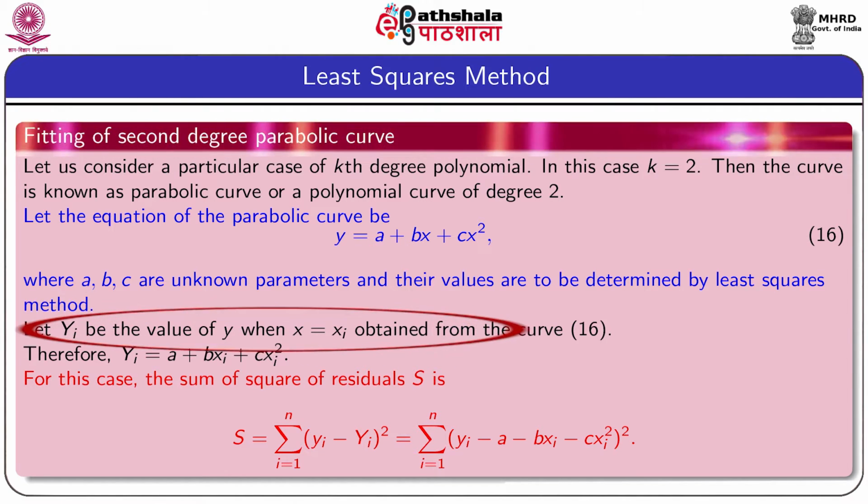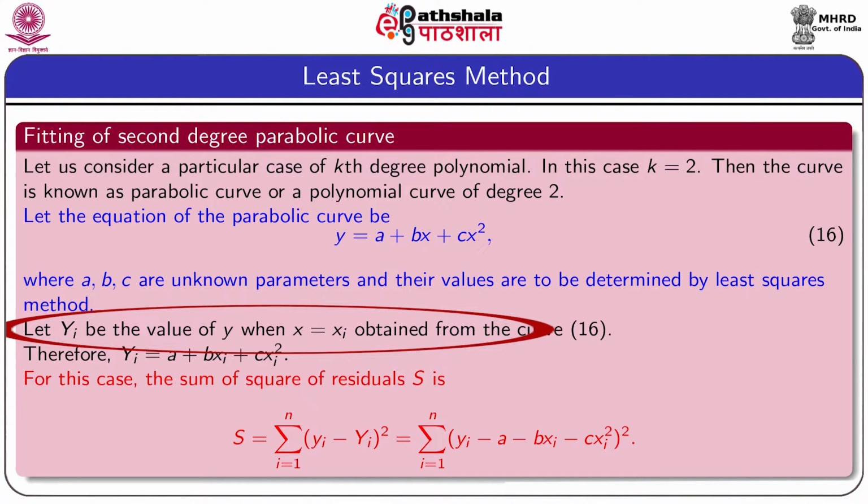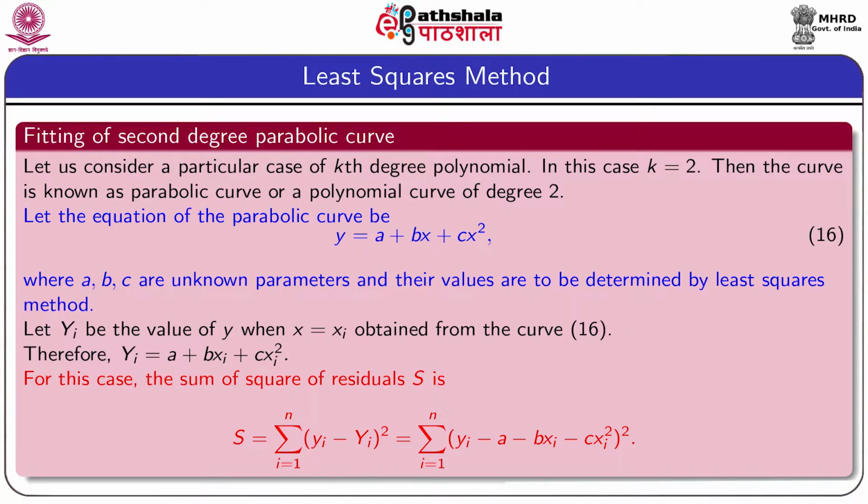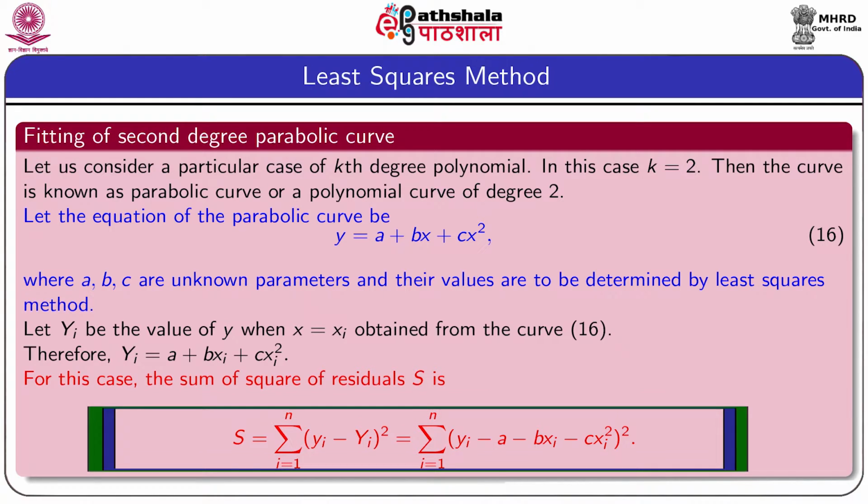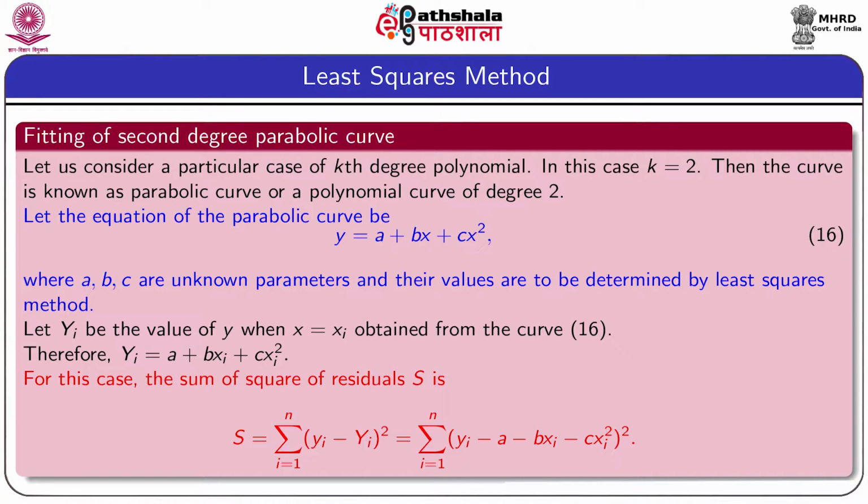Let Yi be the value of y when x = xi obtained from the curve 16. That means Yi is the predicted value of y. Therefore, Yi = a + bxi + cxi², and the sum of square of residual S is Σ(i=1 to n) (yi − Yi)² = Σ(i=1 to n) (yi − a − bxi − cxi²)².